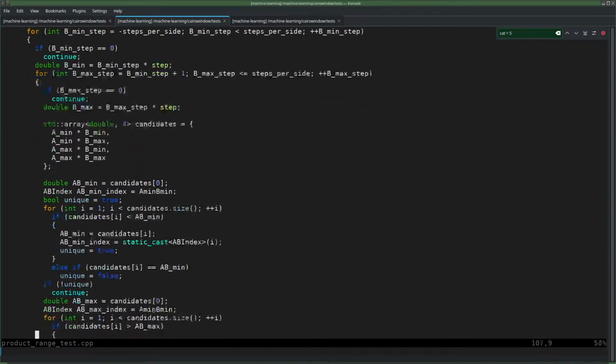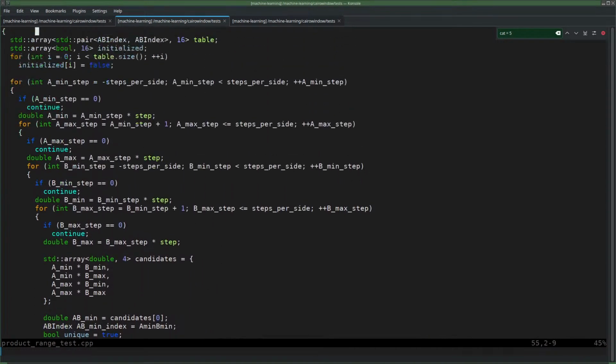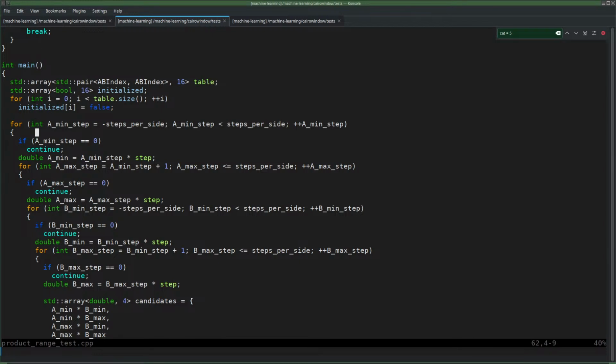So in order to determine the category, I'm comparing the absolute values of min and max for both of them. Let's demand that those are different. So just like we skip over values of 0, which is a bit too vague.